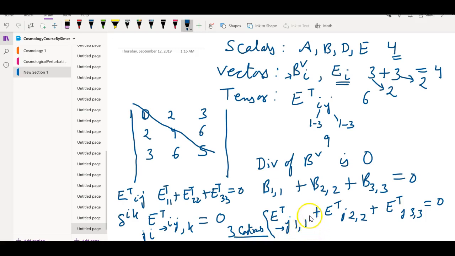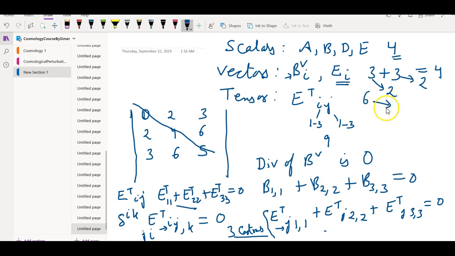So this would reduce these 6 components to how many components? One constraint is from the traceless condition. Traceless gives me 1 constraint. This gives me 3 constraints, because this J goes from 1 to 3. So there are total 4 constraints.